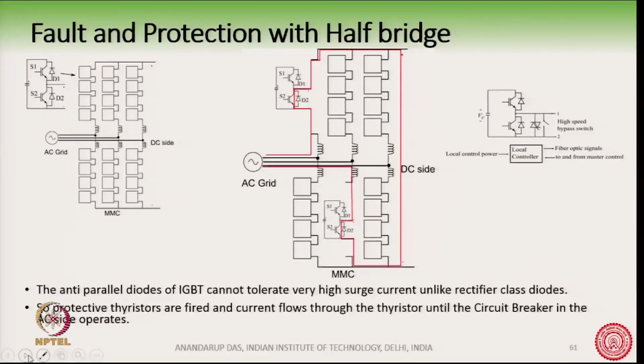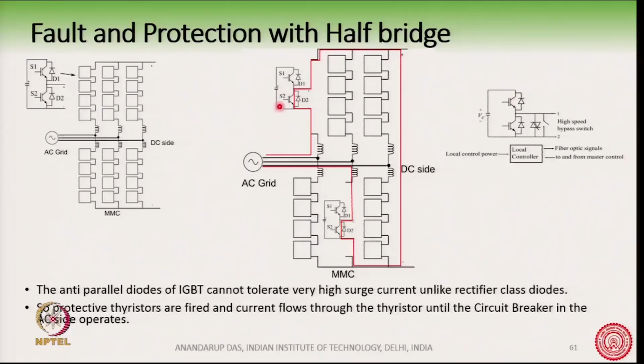However, one more thing that must be kept in mind is that the antiparallel diodes of these IGBTs are inverter class diodes. Okay. Now, there is also a rectifier class of diodes which we use in rectifiers. The I square T rating of the rectifier class of diodes is much higher than that of inverter class diodes.